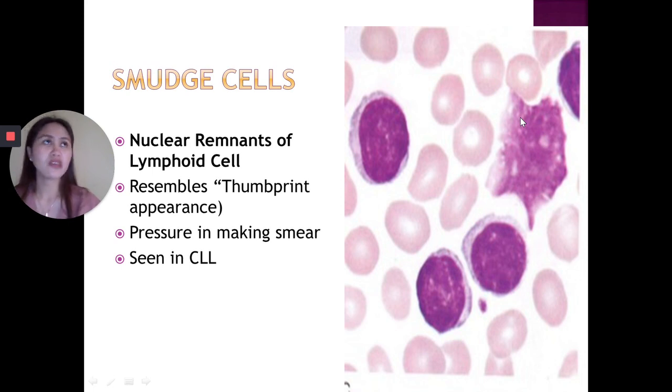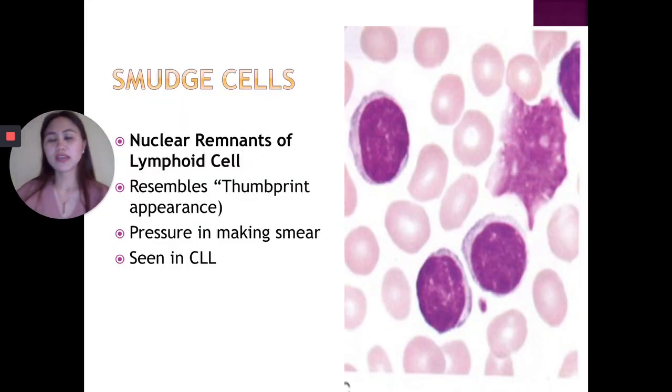But if there's no too much pressure in making the smear, then it could be because of nuclear remnants of lymphoid cells. And pathologically, they are seen in patients with chronic lymphocytic leukemia, or CLL.